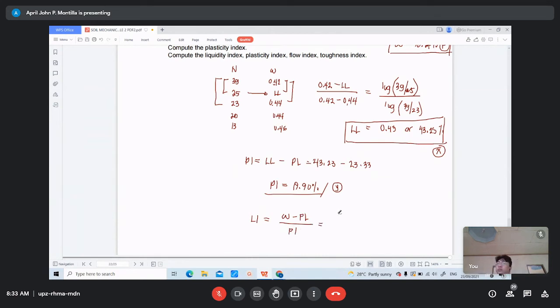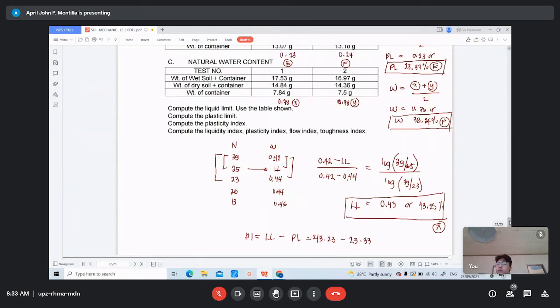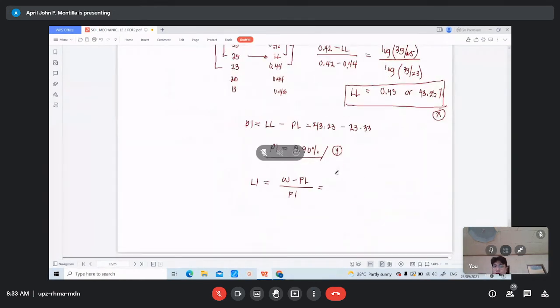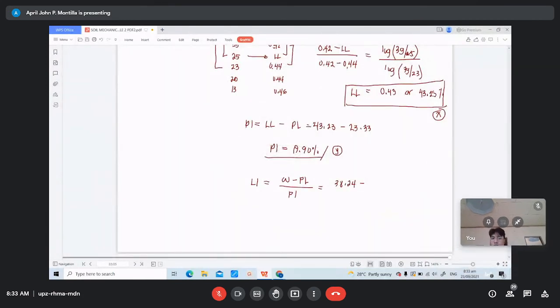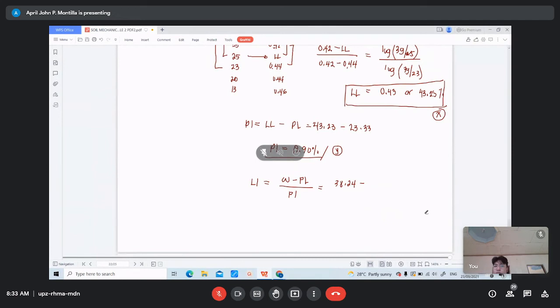That is omega. Na-compute na natin yung moisture content. That is 38.24. 38.24 minus plastic limit, 23.33 over PI, 19.90.